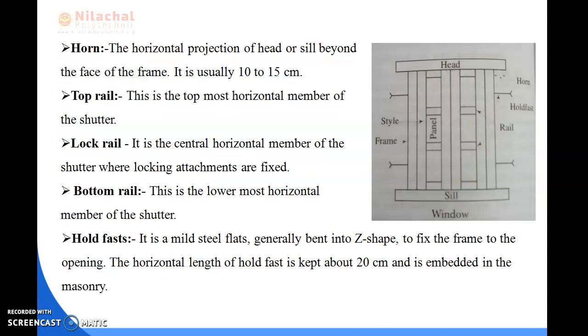Next, we'll be reading about the horn, H-O-R-N. You can see here in the window, or in the door also, the horn is there. What do you mean by horn?